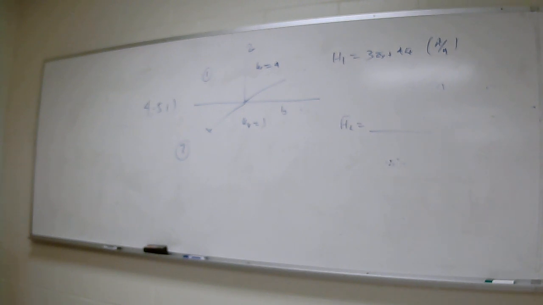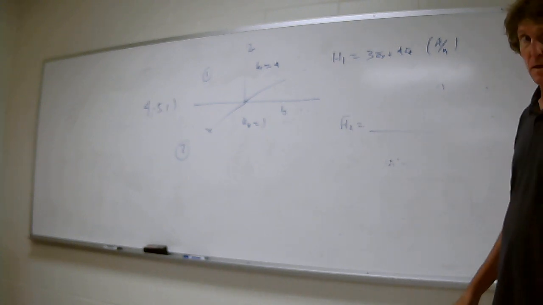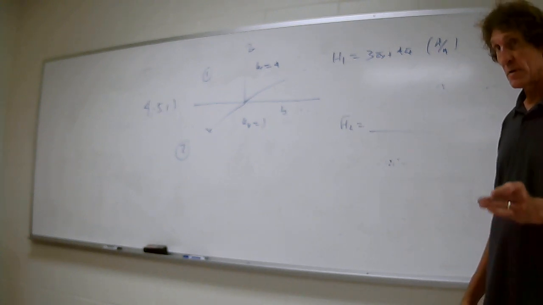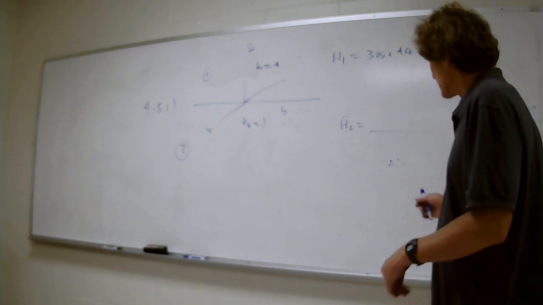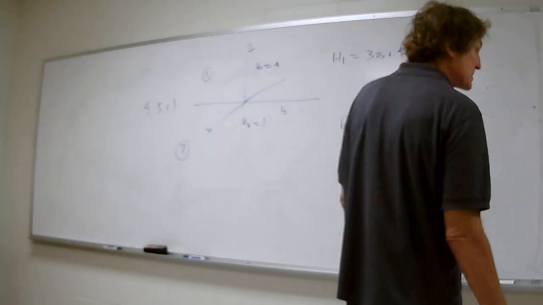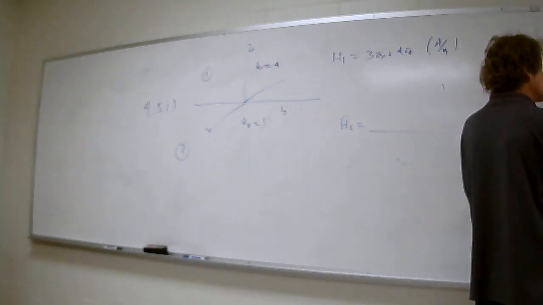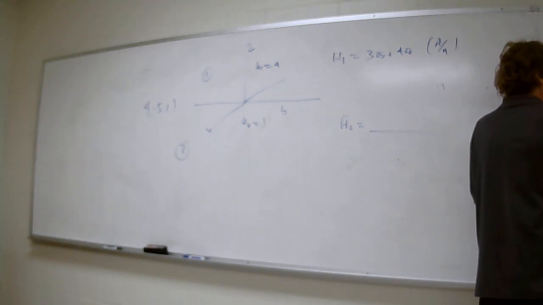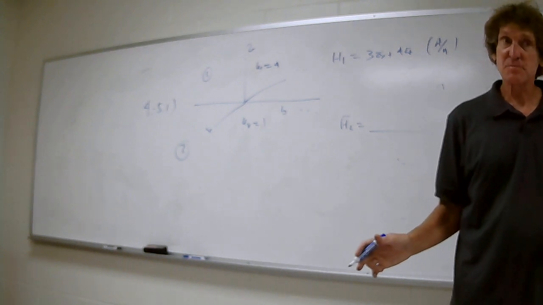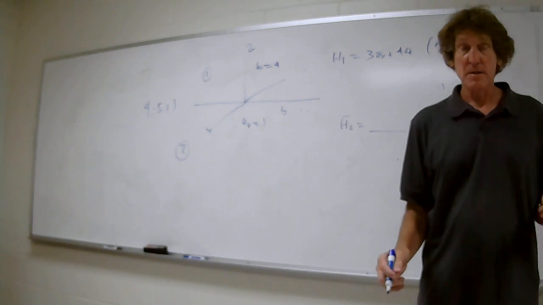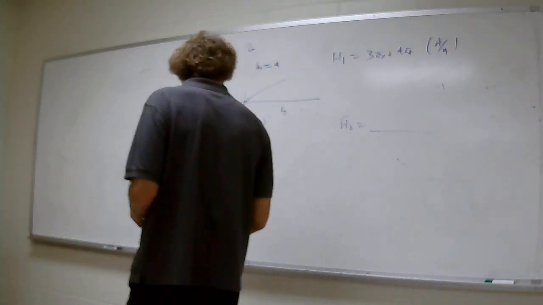We're going to go through the rules and figure out what the H field is in region 2 by simple deduction. First, H tangent in region 1 has to be H tangent in region 2. Do you all agree with that? That's explicit. It doesn't matter if there's a surface current or not.